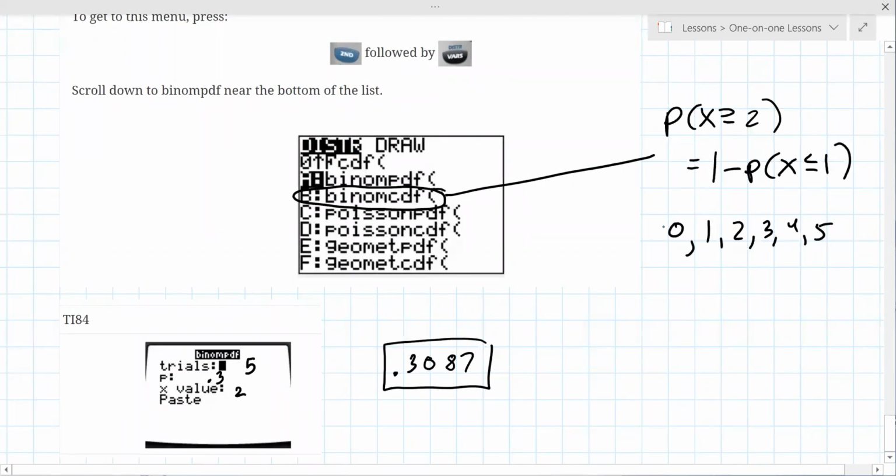These are the possible outcomes in this particular example. So greater than or equal to 2 is 2, 3, 4, and 5. Less than or equal to 1 is 1 and 0. So if you don't include those outcomes, you get the ones above. 1 minus those.